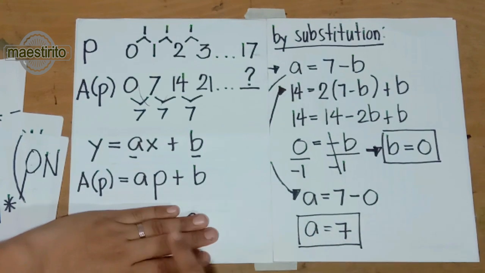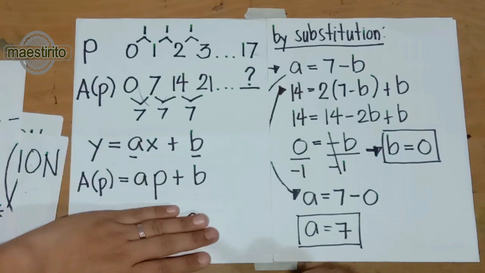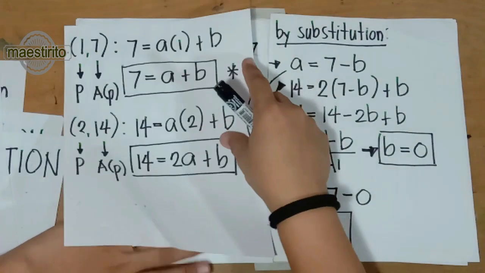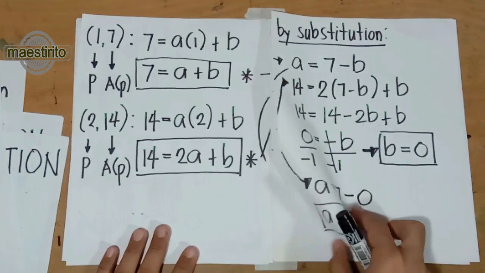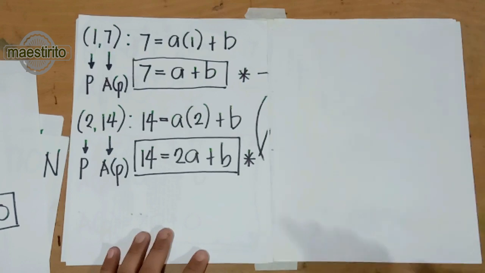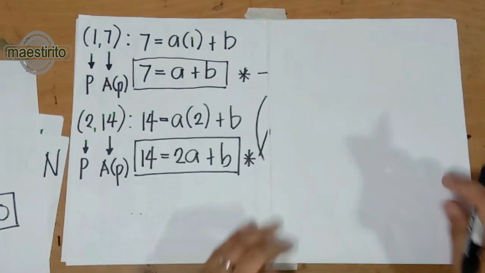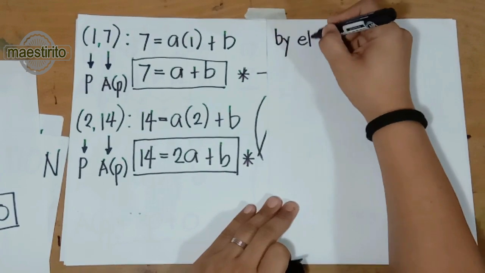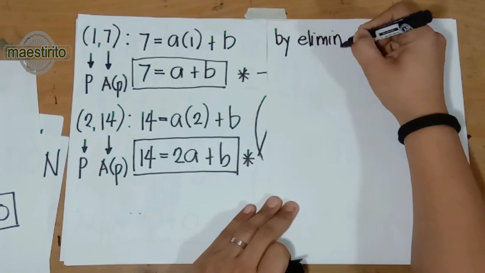Now before I reveal the model, let us have the other one, which is by elimination. So let's go back here. The second method is by elimination.